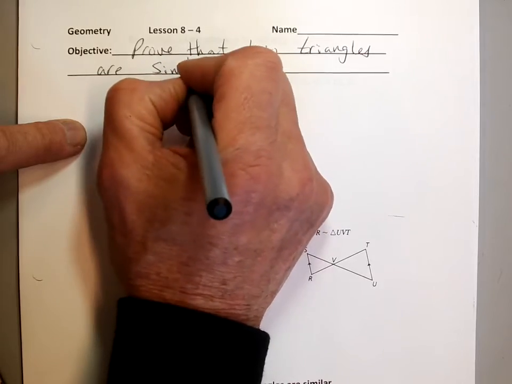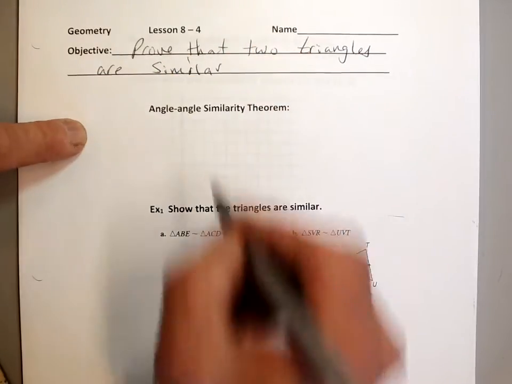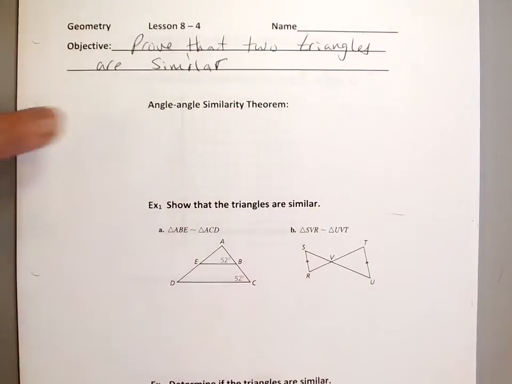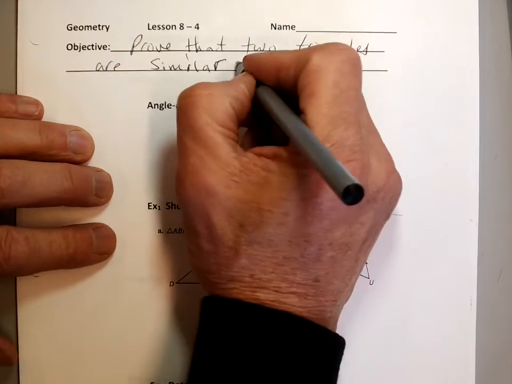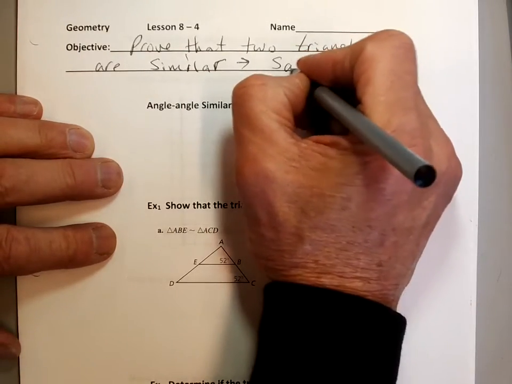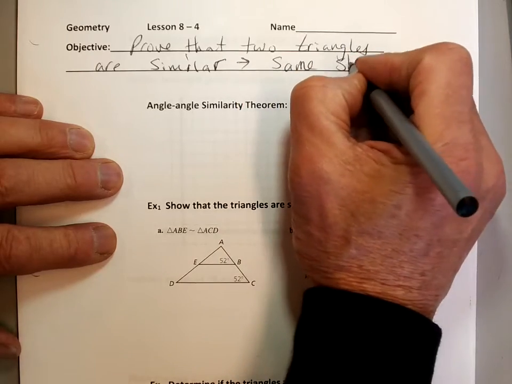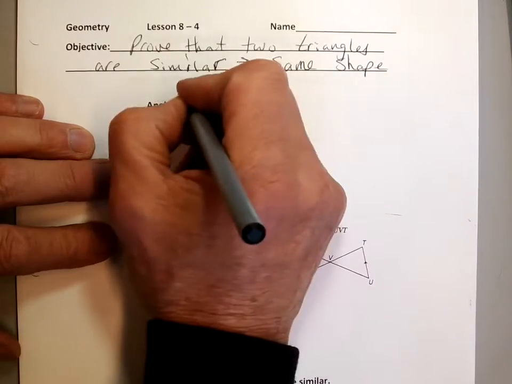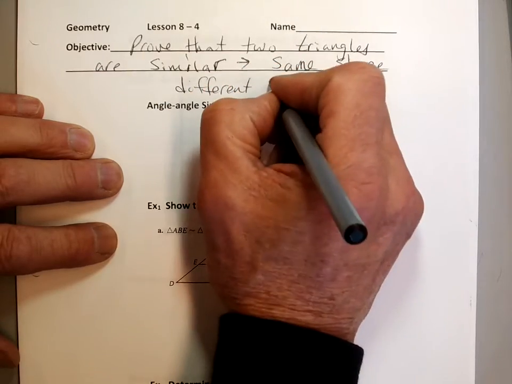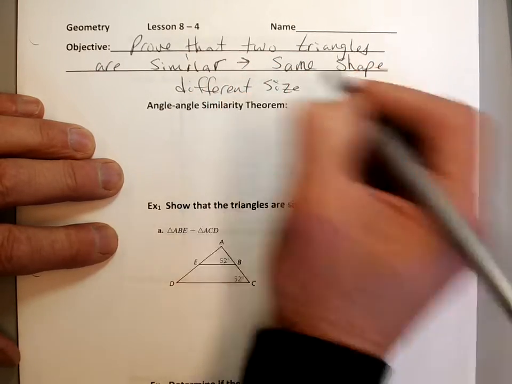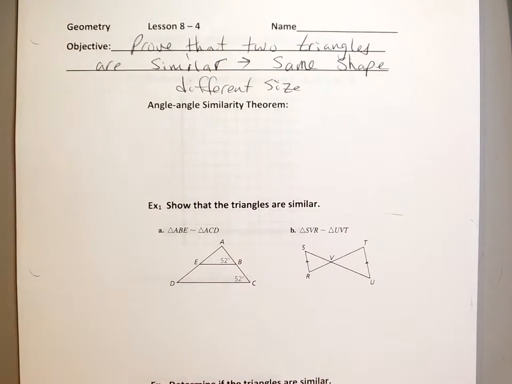Similar. Not the same size, same shape, okay? Same shape, different size, possibly. Different size, but same shape. So if that's the case, if they have the same shape, then their angles should be equal.